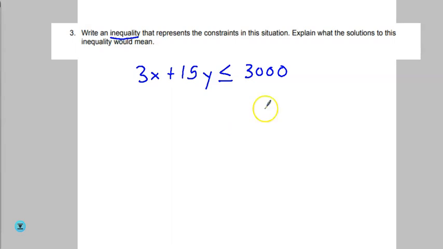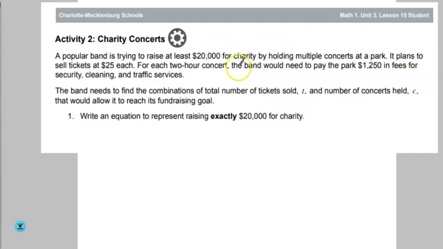All right, so let's look at activity 2. Activity 2, it's a charity concert. A popular band is trying to raise at least $20,000 for charity by holding multiple concerts at a park. It plans to sell tickets for $25 each, and for each 2-hour concert, the band would need to pay the park $1,250 in fees for security, cleaning, traffic services.